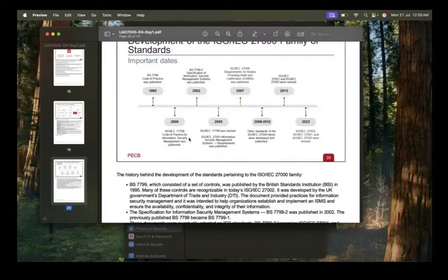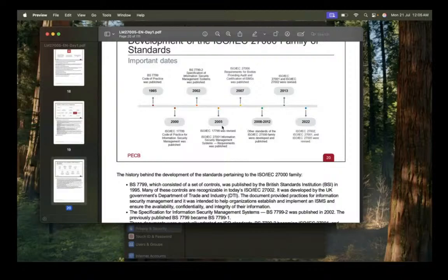Then in 2002, BS 7799 Part 2 was published, which was the specification of information security management systems.